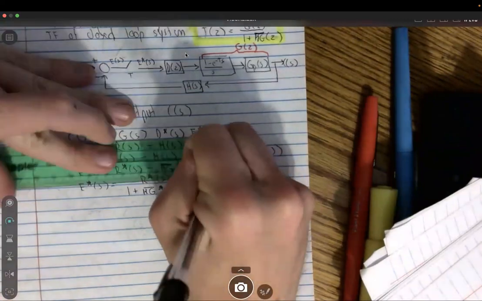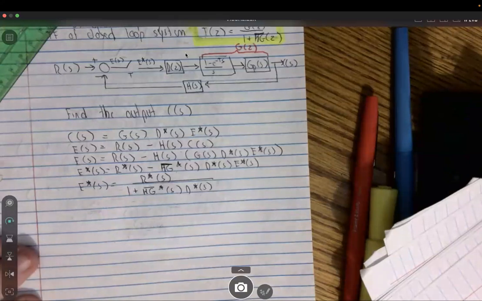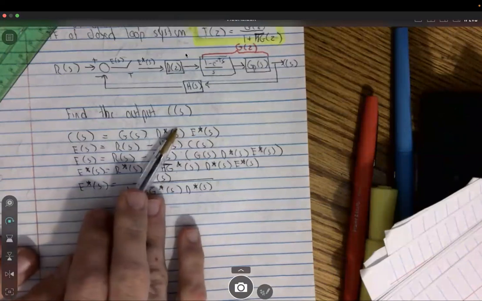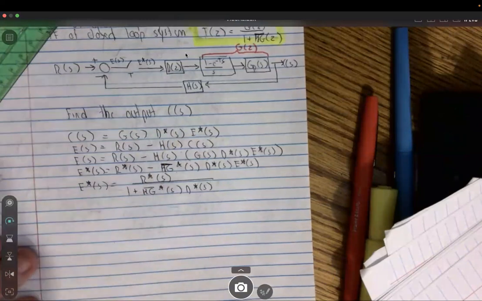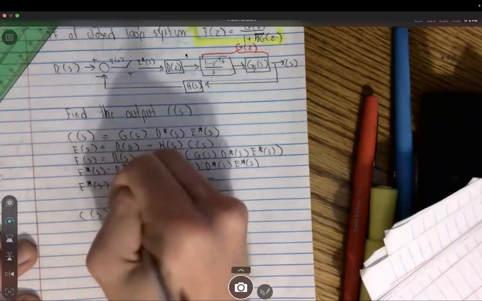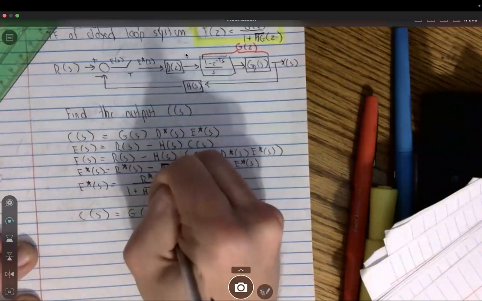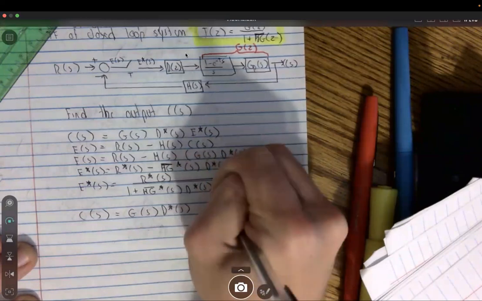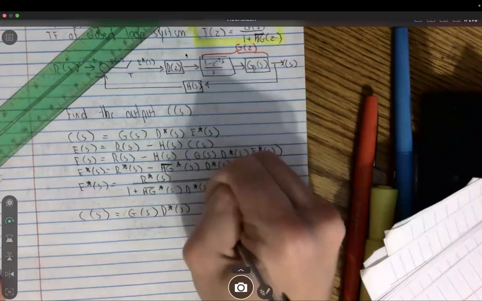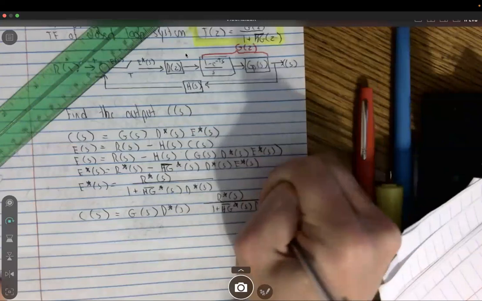Okay. Now that we have that here, we can straight up plug that into here in order to get what we want. So we can get our C of s is equal to G of s times our D star of s, and then multiplied by our R star of s all over, and then here, what we get in our denominator is 1 plus HG star of s times D star of s.